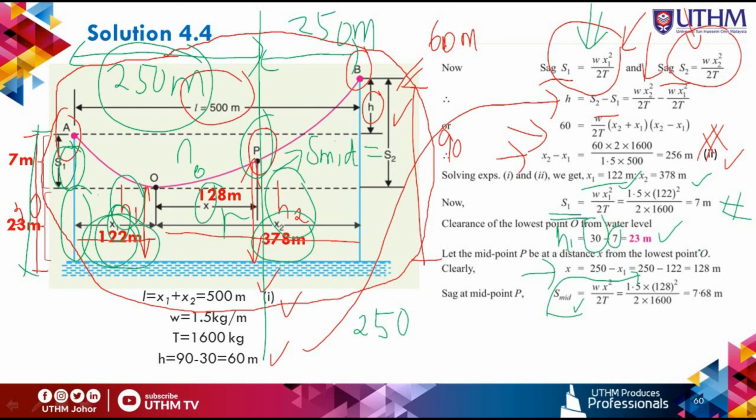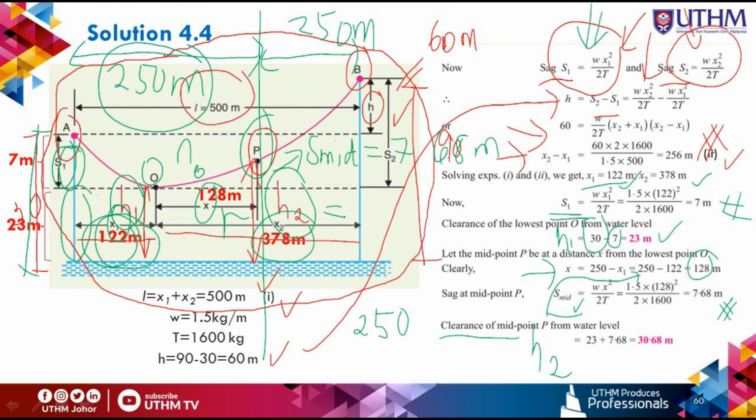So x is this one, from the point of 0, and then you'll get 7.68 meters. Then after that, you can get the clearance of the midpoint P from water level, which is H2.